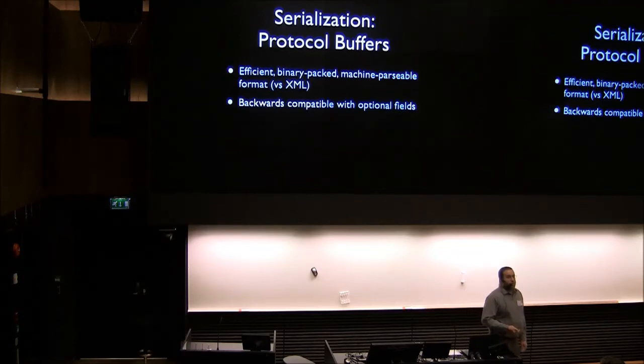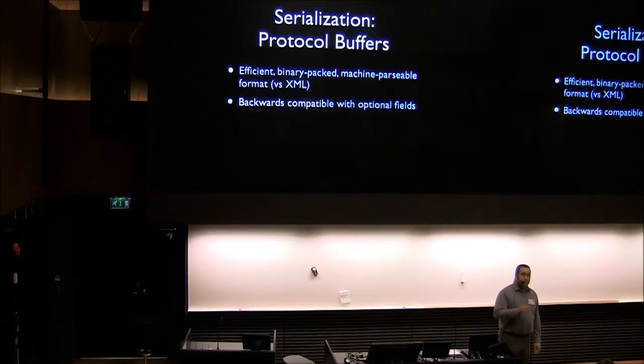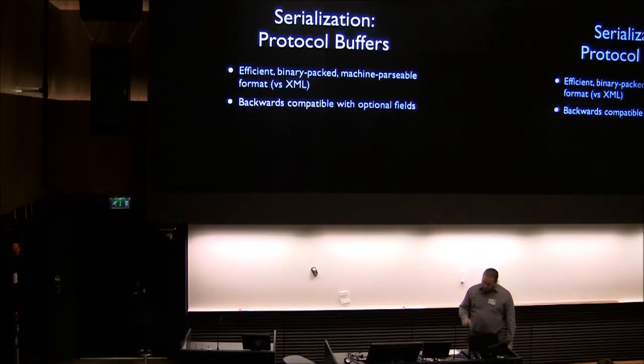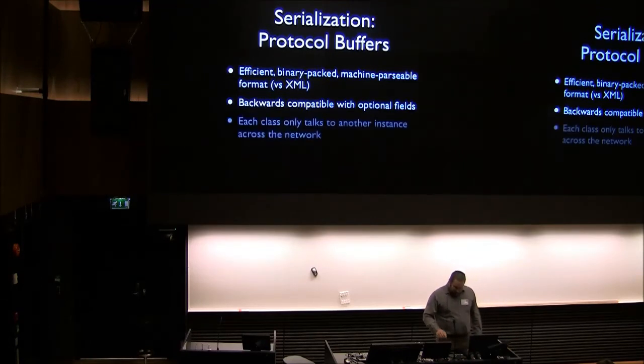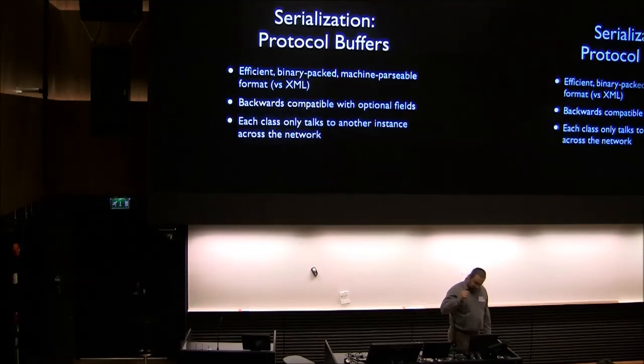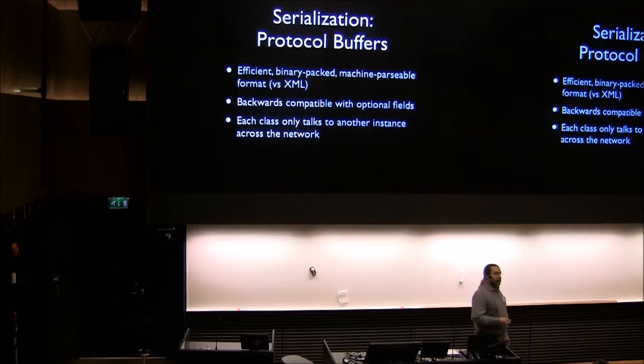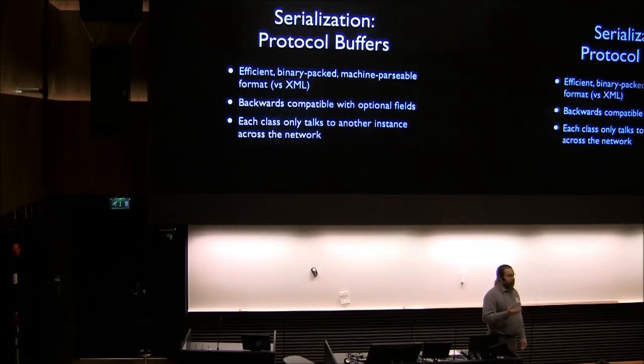So if you choose to change your encoding or add additional fields, if they're optional, you won't break backwards compatibility, which is quite nice. And because each class is talking only to another instance of that class across the network, each class can have its own unique, custom-designed protocol buffer for the data that it needs to transfer.